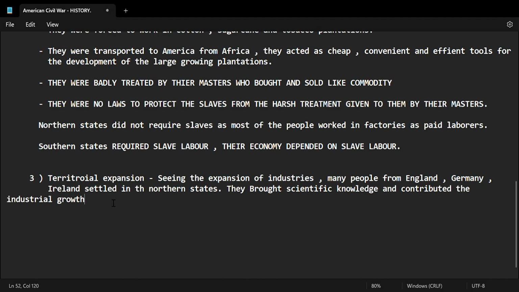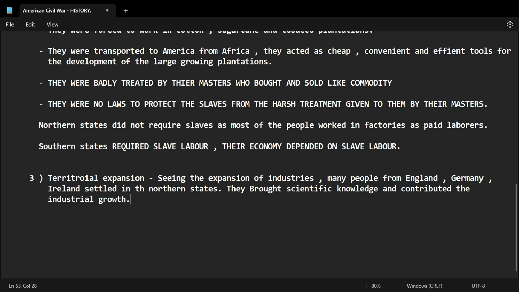They contributed because they brought scientific knowledge from Europe, and the European scientists were very smart at that time. So they brought a lot of scientific knowledge with them.